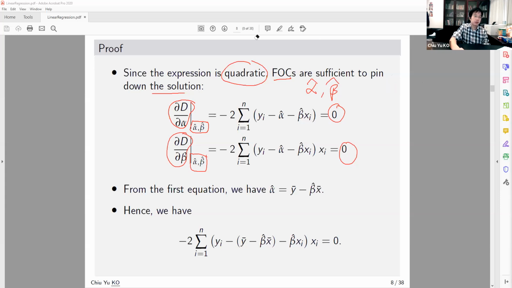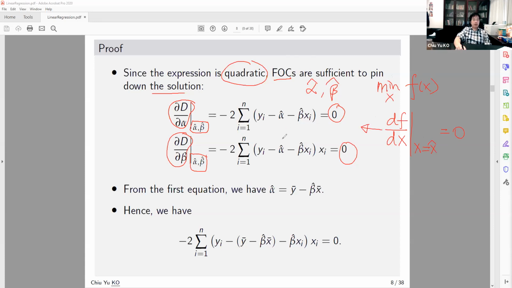Suppose you want to minimize a function of x, and what you do is differentiate with respect to x. When this is evaluated at the optimal point, it should be 0, right? So that's the same idea here.